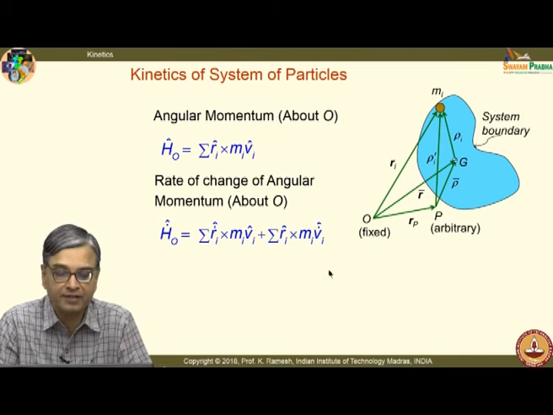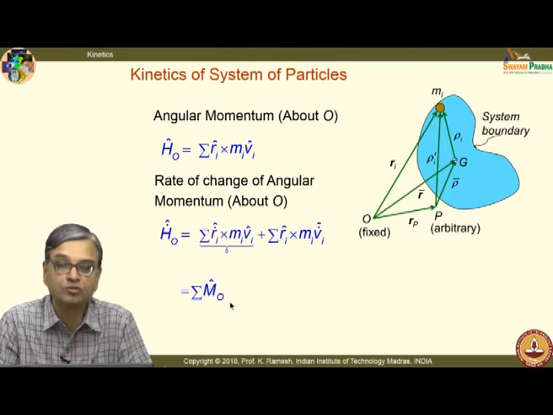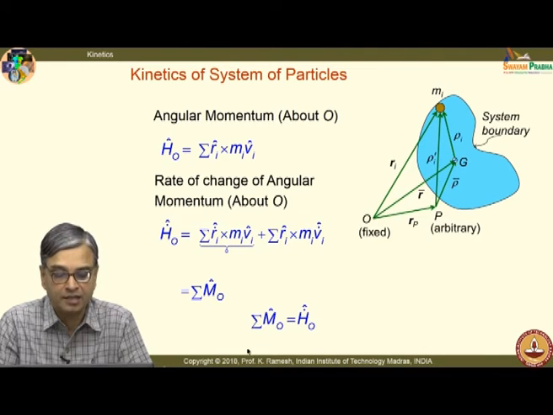We will also simplify this. This goes to 0, and I have this as H dot equal to moment about O, and I have the identity: summation of moment about O is nothing but rate of change of angular momentum about O.